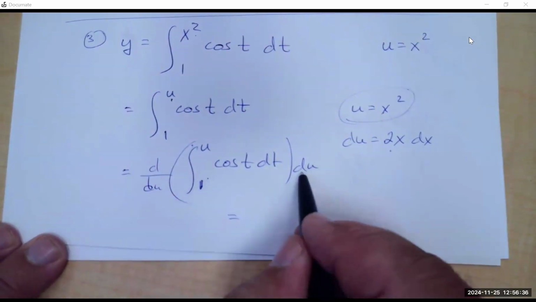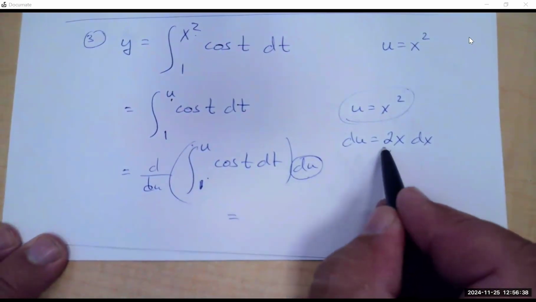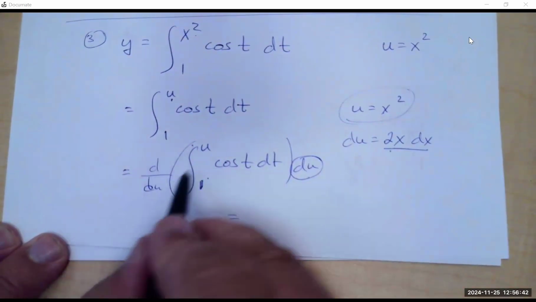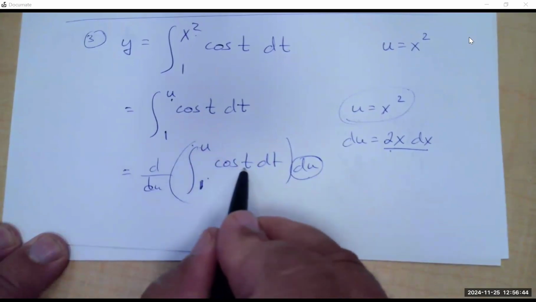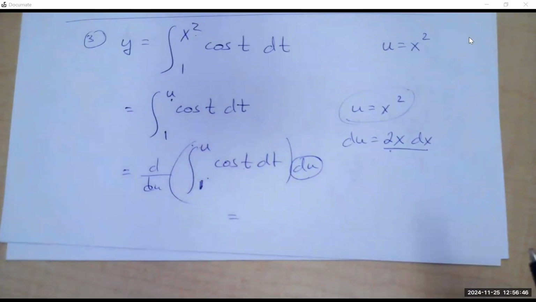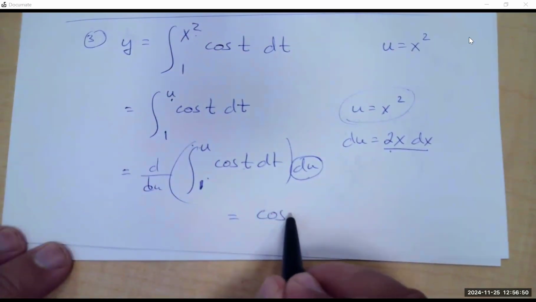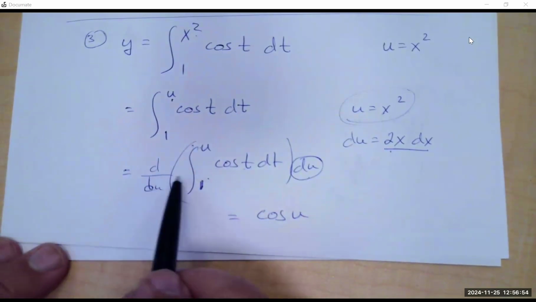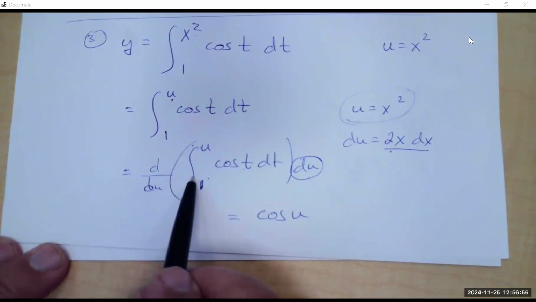Yes, du is 2x dx. What's the integral of 1 to u cosine t? Remember, the derivative and integral cancel each other out.